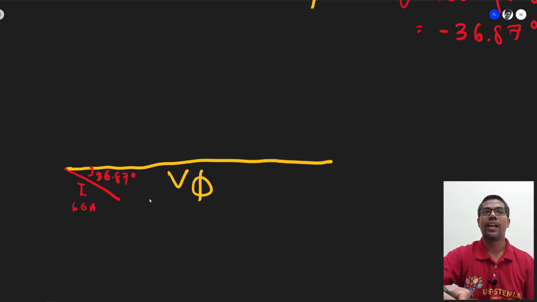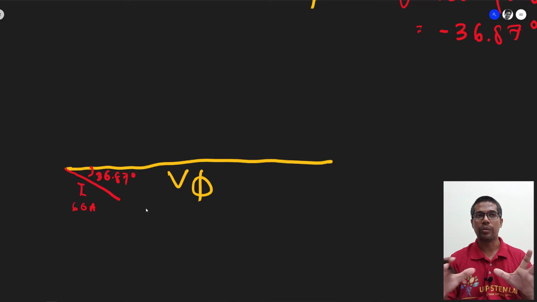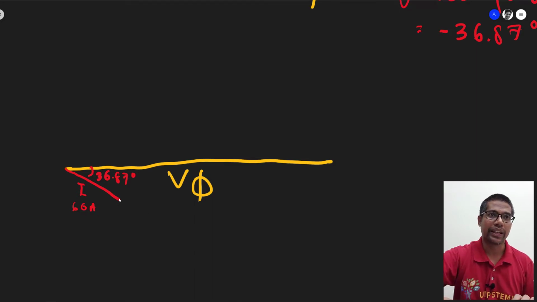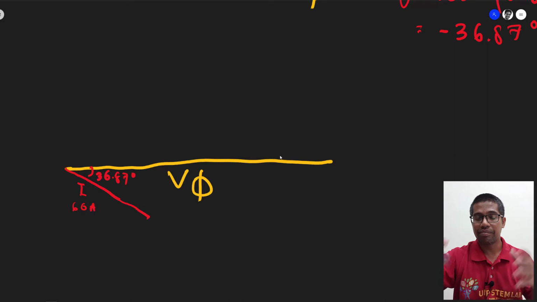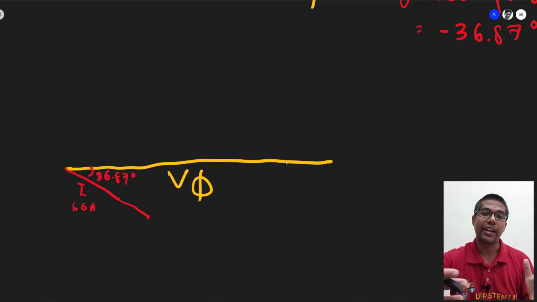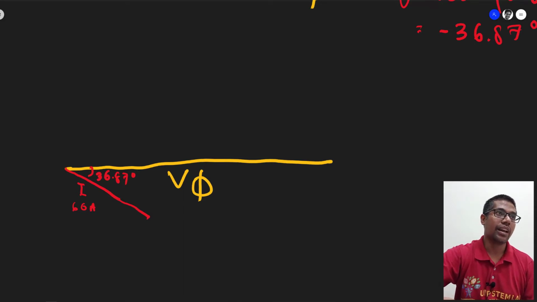Now when we have this, we need to multiply this current to get the voltage drop across the RA and across the XS. Let me use blue.